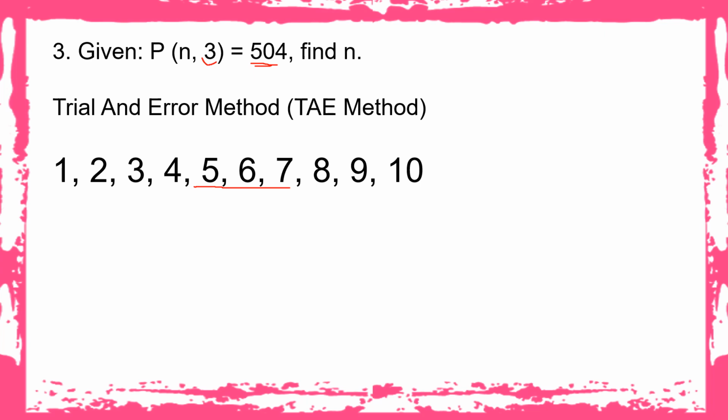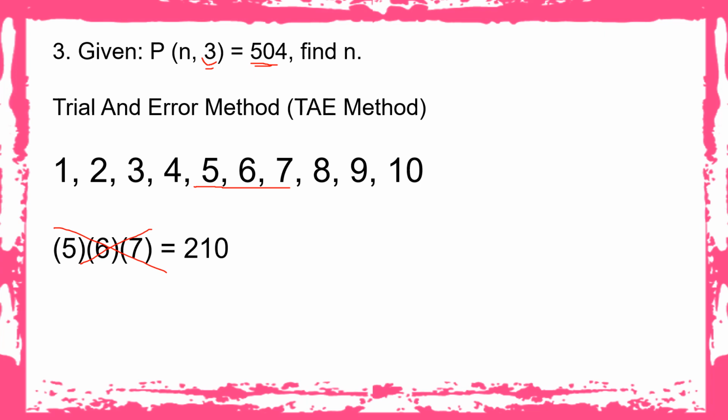So let us try first to multiply numbers 5 times 6 times 7. Again, the value of r is 3, so we need to find 3 consecutive numbers. So if we multiply 5 times 6 times 7, what is our answer? 210 only. So this is not our answer.